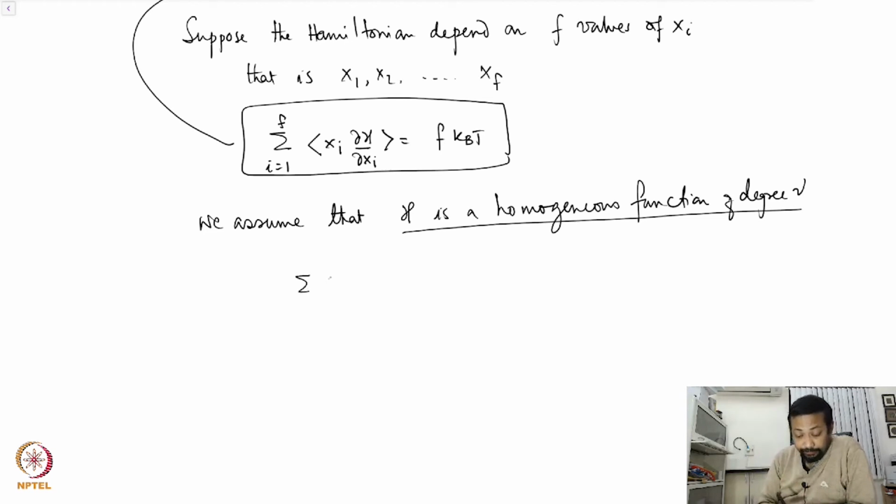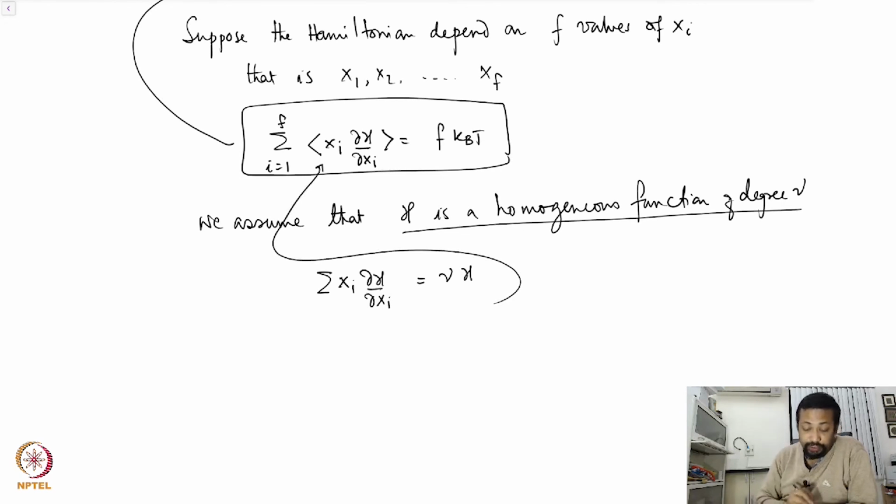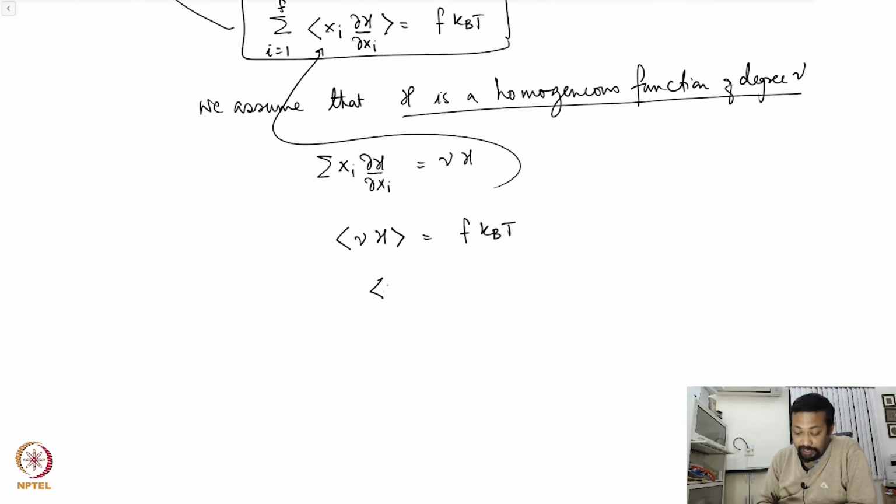Then I can apply my Euler theorem, and this theorem we have done earlier. Once we substitute this over here, this essentially means that ν times H is f times k_B T, so that the average of the Hamiltonian, which is equivalent to the average energy, is going to be f over ν k_B T.